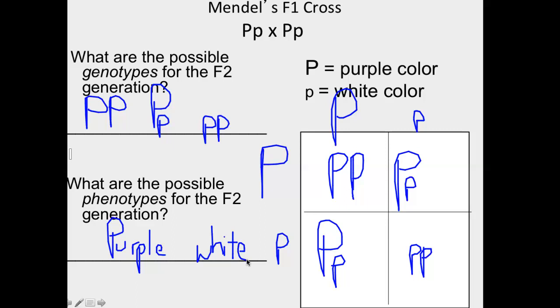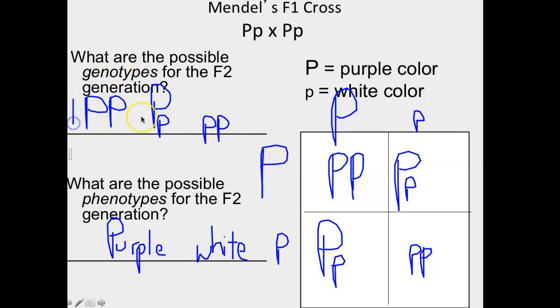So in your outline, there's a phenotypic ratio for a monohybrid cross and a genotypic ratio for a monohybrid cross. Monohybrid means we're only looking at one. The mono refers to one trait. We're only looking at flower color. And hybrid means that both parents are hybrids. They are heterozygous. Now, in terms of our offspring, let's start with the genotype.